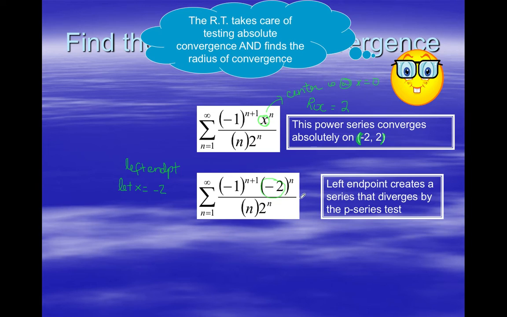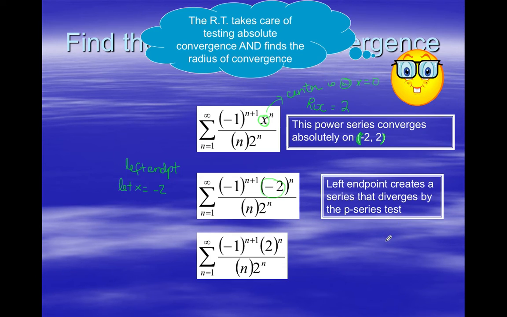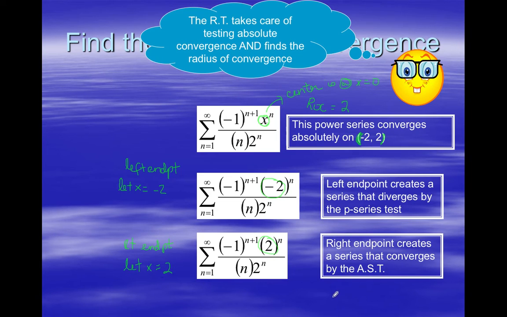So again, I did the algebra like we did from the interval of convergence lesson, and I reduced and simplified stuff, and I got a divergent numeric series. Then I did the right endpoint. And I got that the right endpoint creates a series that converges by the alternating series test.